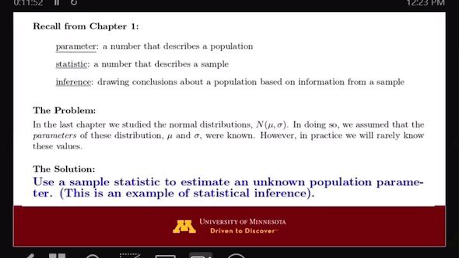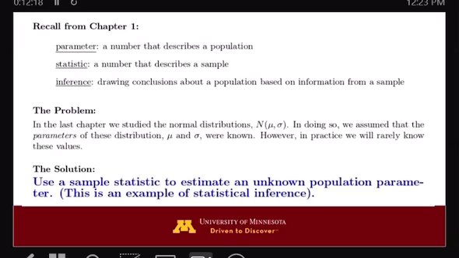Parameter could be, what is the rate of prevalence of a particular disease? So the bottom line, whatever information we have in mind that we're seeking to determine is what we call parameter.